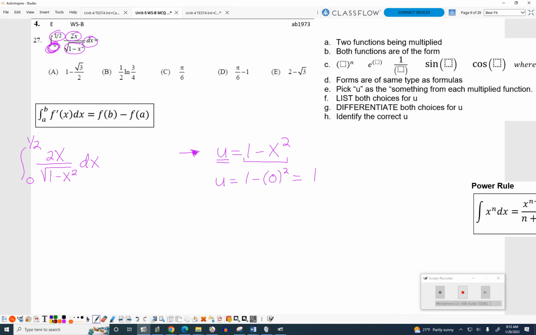And Matthew Harmson, what's the other value of u? So the x is 1/2. So we plug in the x. What's 1/2 squared, Matthew? What does it mean to square something?